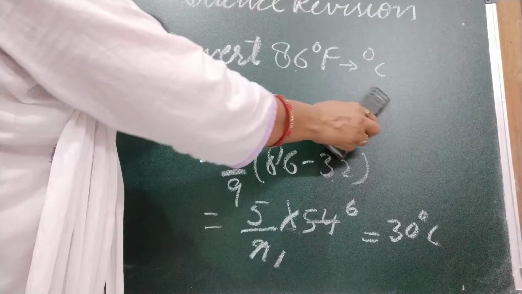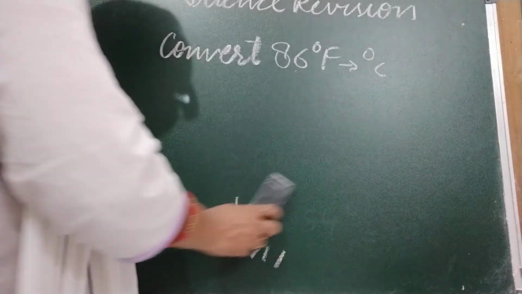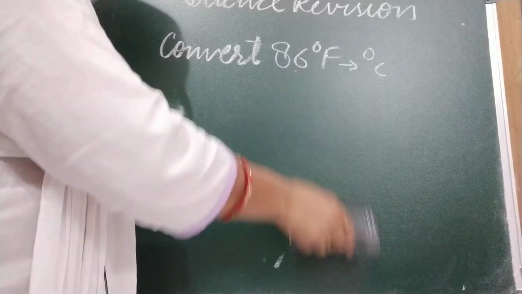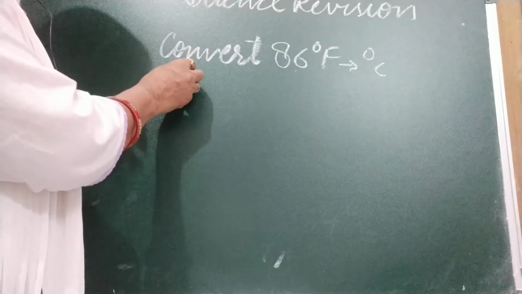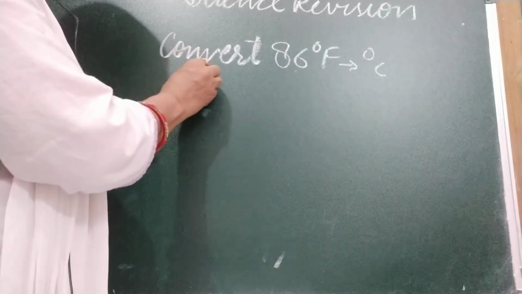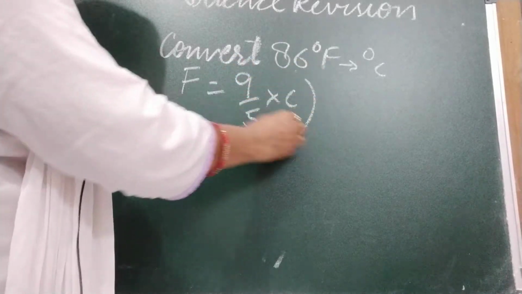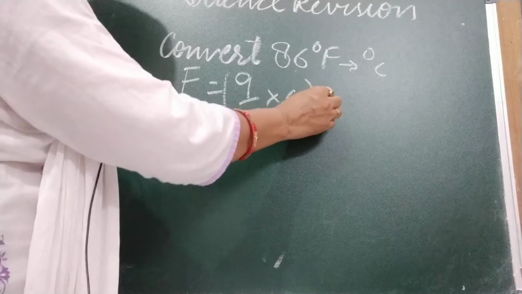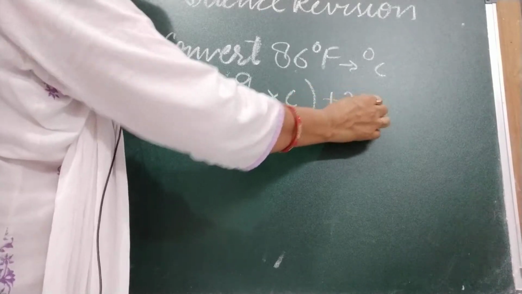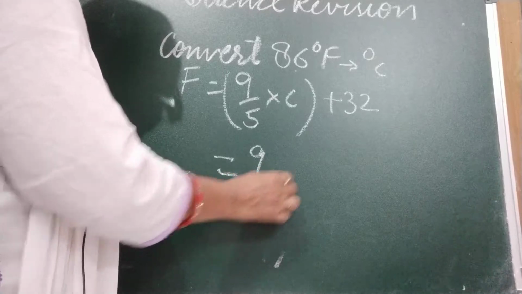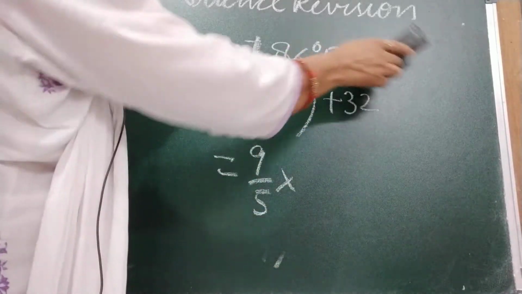Same way we can convert degrees Celsius into Fahrenheit by applying the other formula. The formula for Fahrenheit is F is equal to 9 upon 5 into C plus 32. Suppose our degree Celsius is 30.